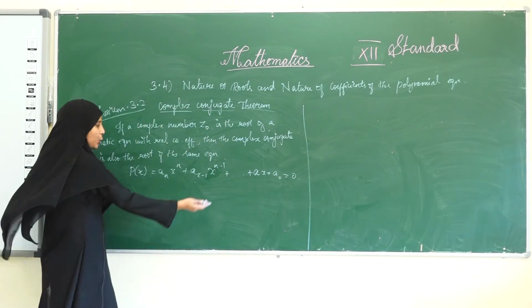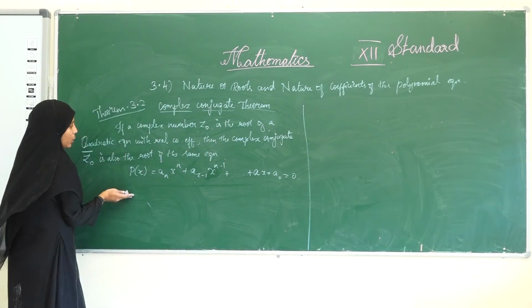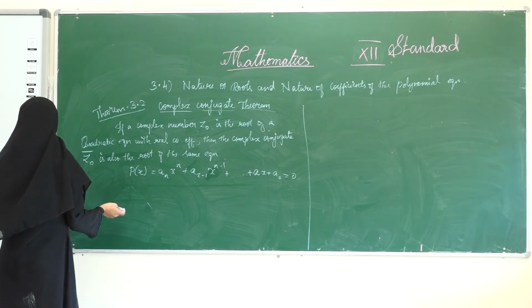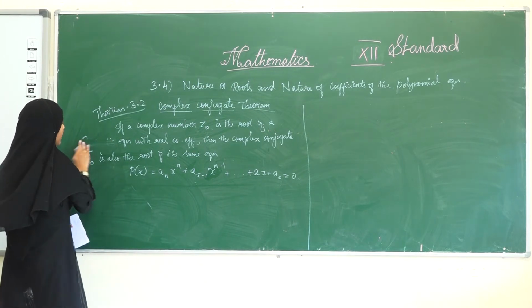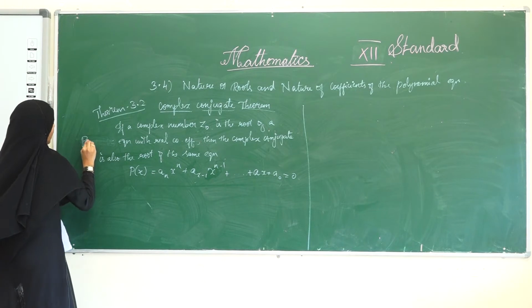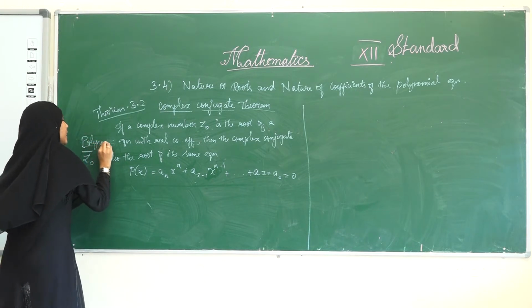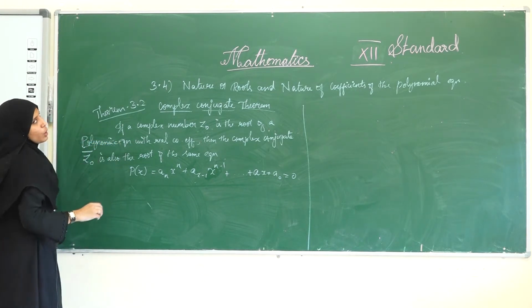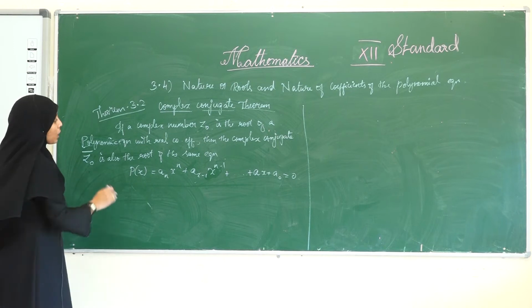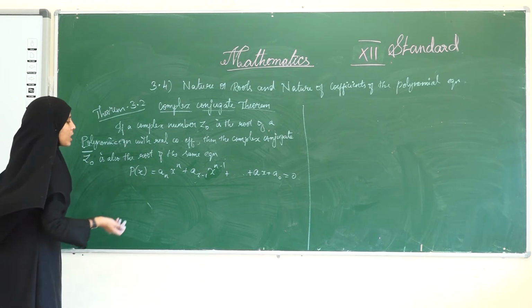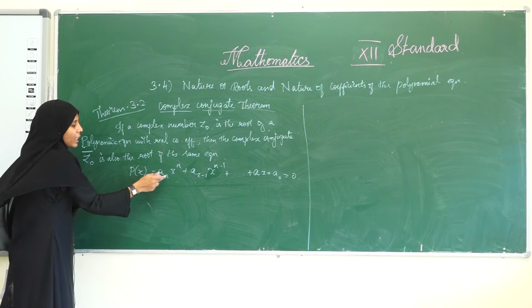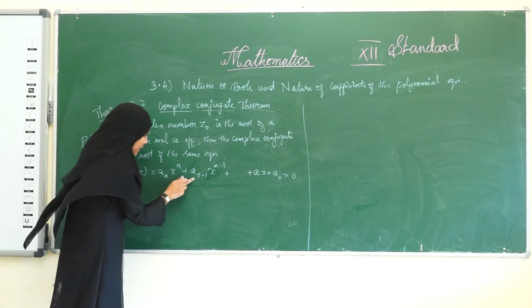Let us consider this to be the polynomial equation. See here, this is not a quadratic equation, this is a polynomial equation. We can take any degree polynomial equation, not alone the 2-degree quadratic equation. Here an n degree polynomial equation has been considered.